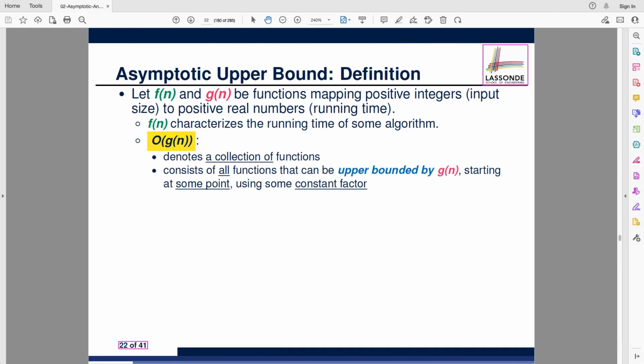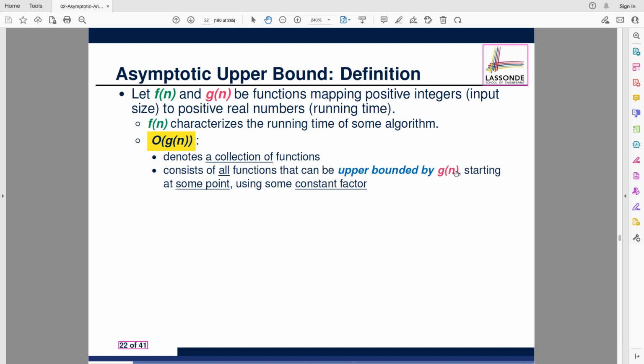Let's now read it, and then we'll define. What is big O of g(n)? It's all the functions that can be so-called upper bounded by g(n). How can I show if something has been upper bounded by g(n)? We need to do a little bit of manipulation to g(n).